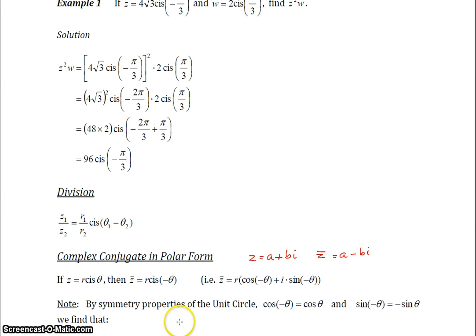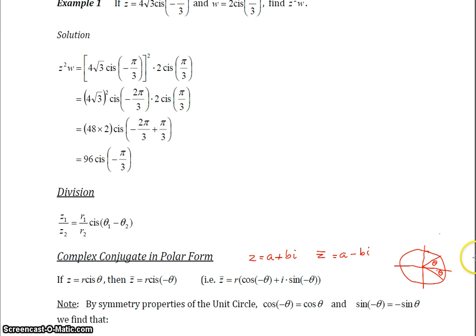Now let's think about the symmetry properties of the unit circle for a minute, so that we've just got a full understanding of what we're looking at. If I just draw here our unit circle, and if we think about our angle theta, an angle there which is theta in our first quadrant, negative theta would go this way.